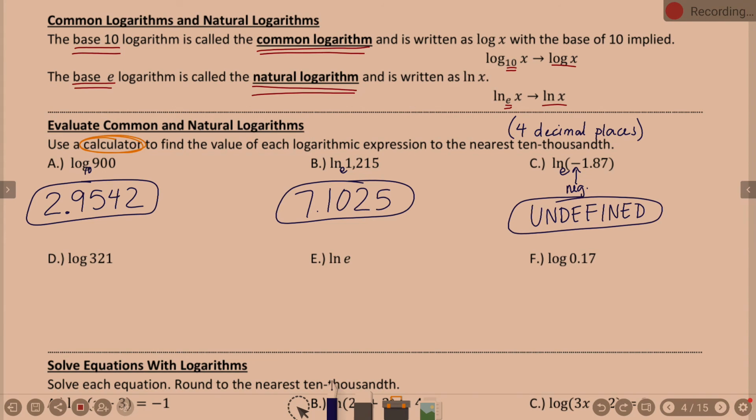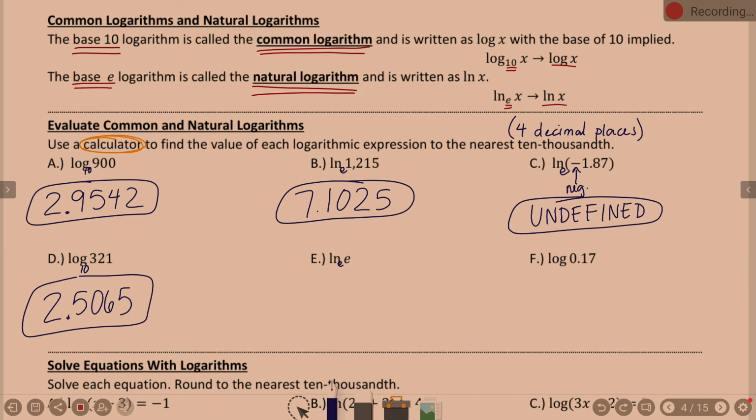Okay, D. Log of 321 is base 10. What's your calculator say it is? 2.5065. Yes. Now, natural log of E, it's base E, yes? Depending on your calculator, you might have to then put a power on E, right?